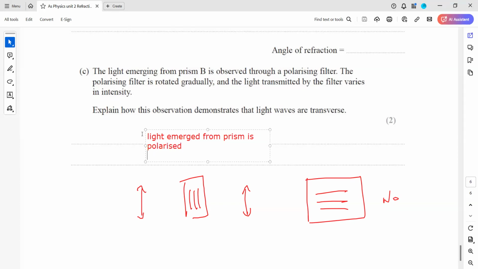And polarization only happens for transverse waves. So polarization can only occur for transverse waves. Longitudinal waves cannot be polarized.